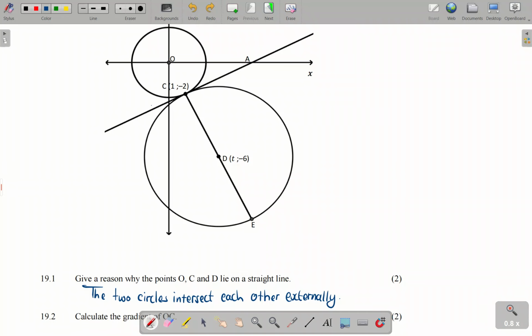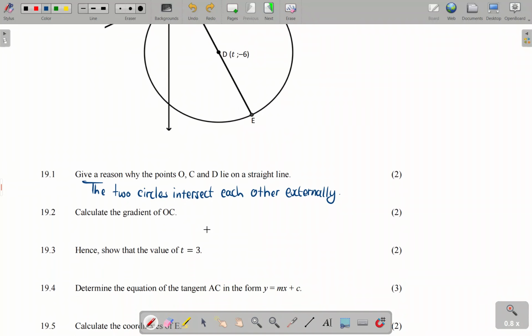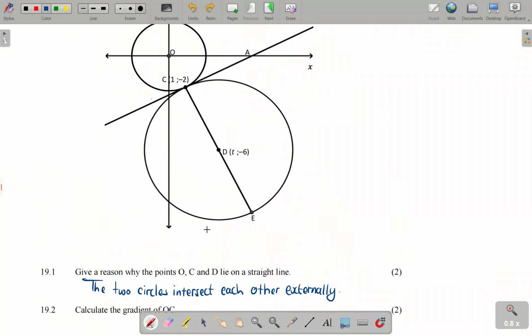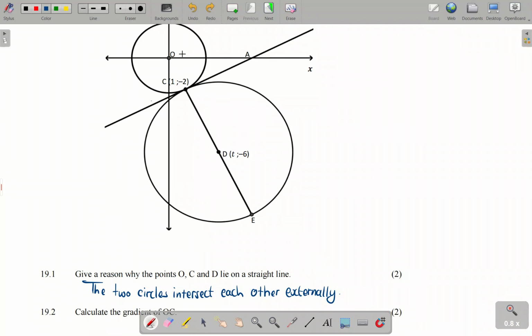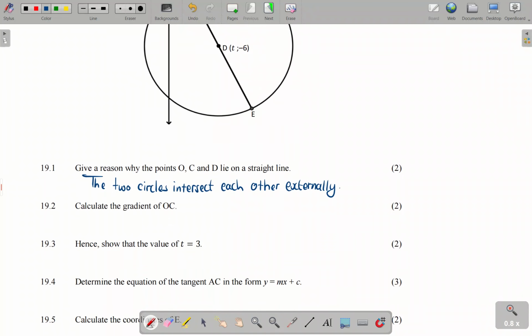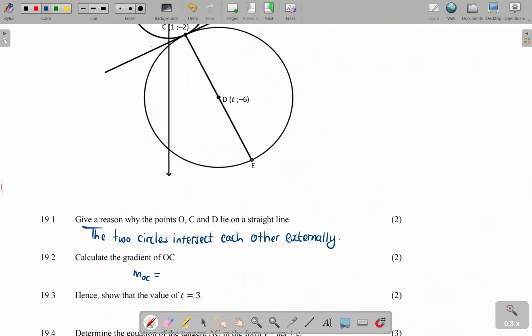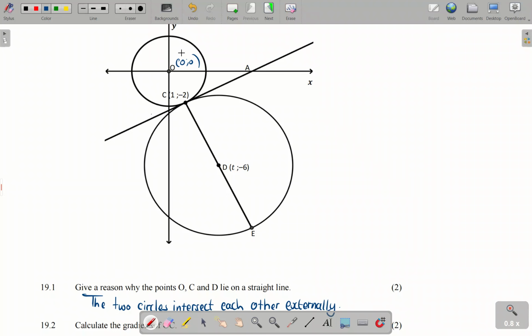Okay, calculate the gradient of OC. Remember, this is the origin, so 0, 0. The gradient of OC will be easy. Just use the gradient formula. So m of OC is going to be change in Y over change in X. Remember, I told you always name them X1, Y1, X2, Y2.